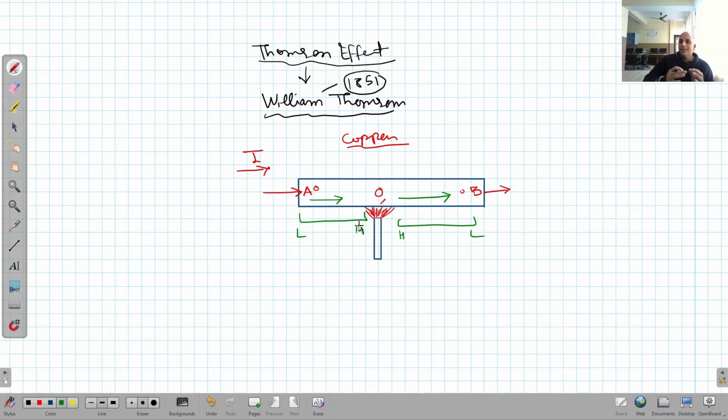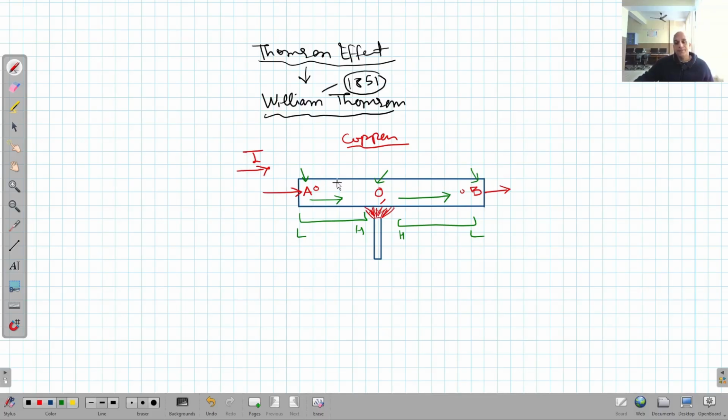We know very well that when we heat a conductor, the concentration of the free electrons changes, because the concentration of free electrons depends upon the temperature. It means the density of free electrons is different at this point and at this point. These two points have different concentrations of free electrons, and here also.